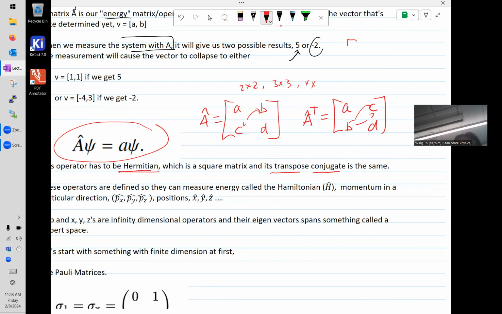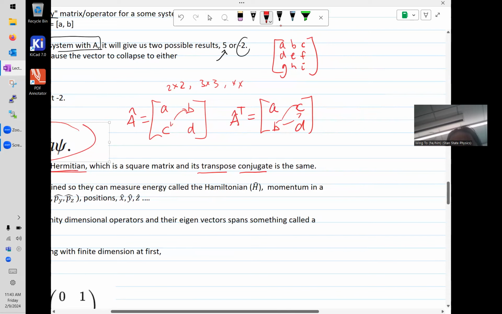Okay, so for example, let's do a 3 by 3. Let's say A, B, C, D, E, F, G, H, I. The transpose of that is going to be, all of this is going to be flipped to the other side with each other. I think I see people staring at the screen, very confused.